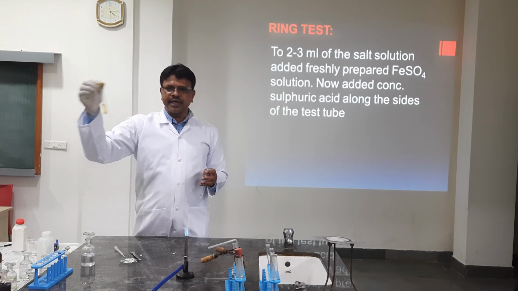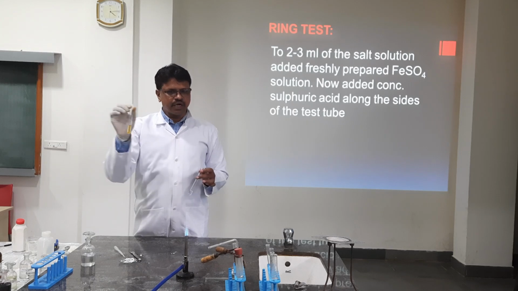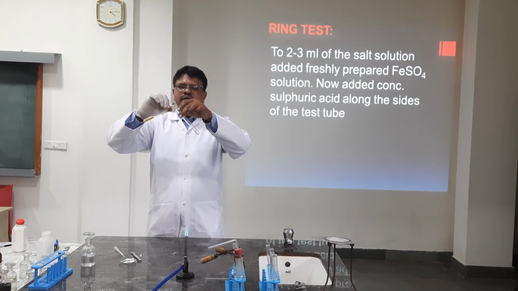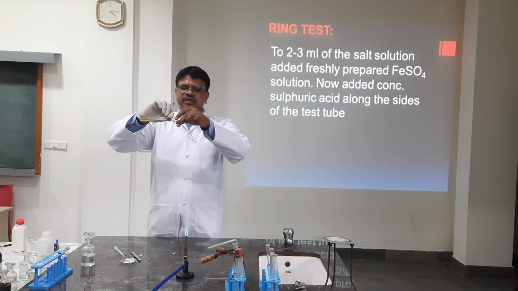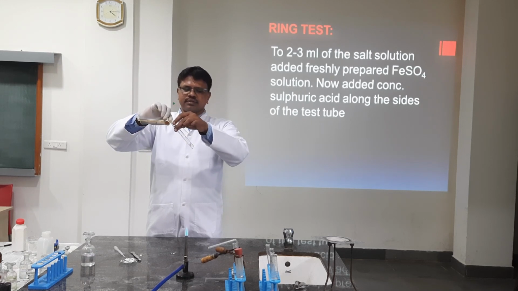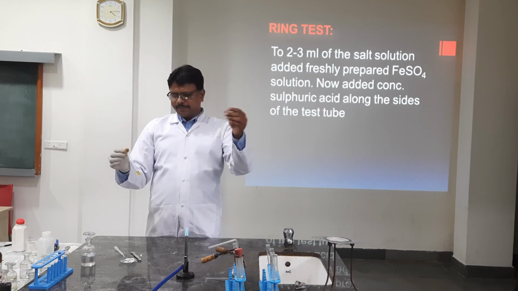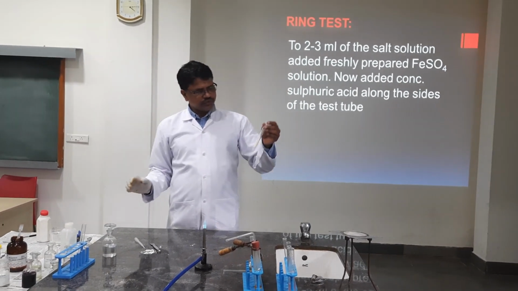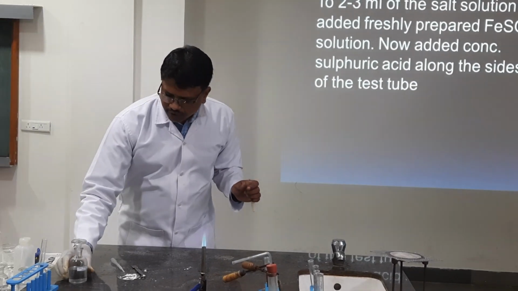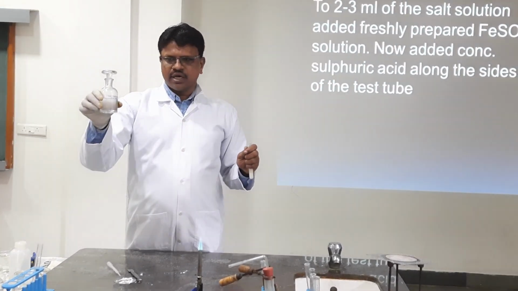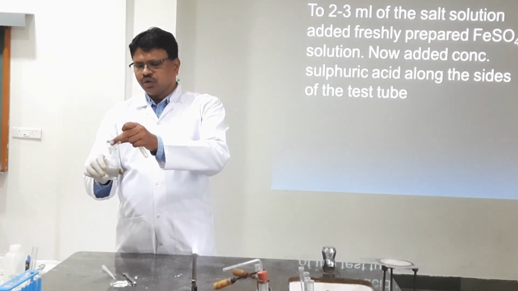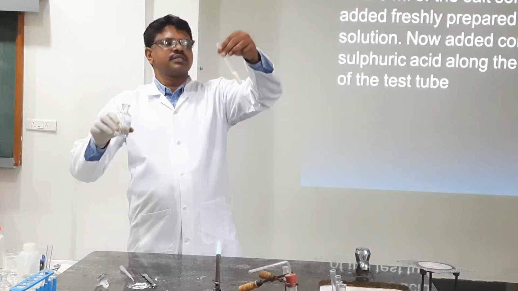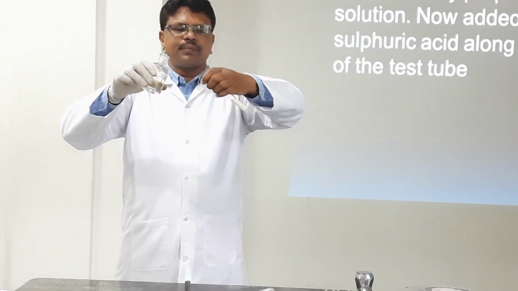When you prepare and keep it, it will become +3. That is not useful in this test. Okay. Now I am going to add this freshly prepared ferrous sulfate solution to the original solution. Okay. Now I am going to add concentrated sulfuric acid through the walls of this test tube slowly.